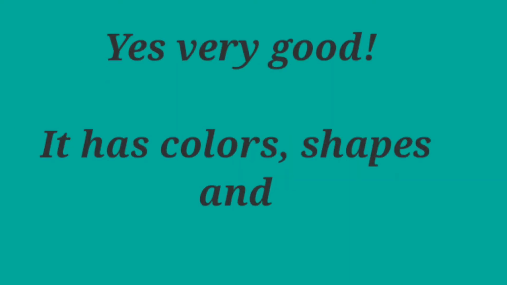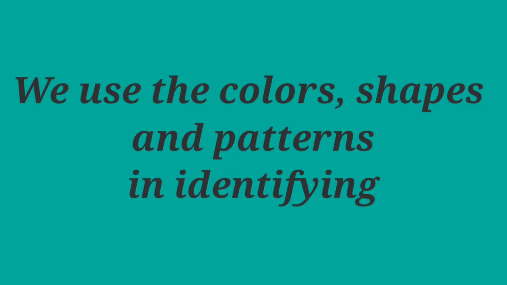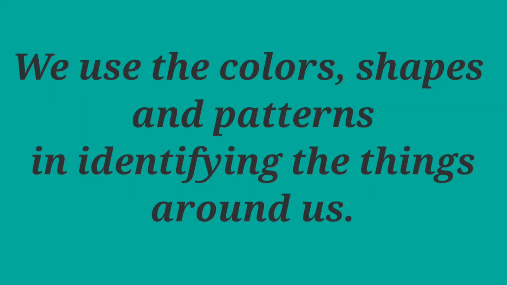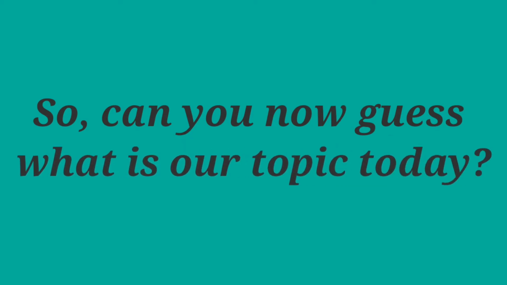Yes, very good. They have colors, shapes, and patterns. We use the colors, shapes, and patterns in identifying the things around us. So, can you now guess what our topic is today?